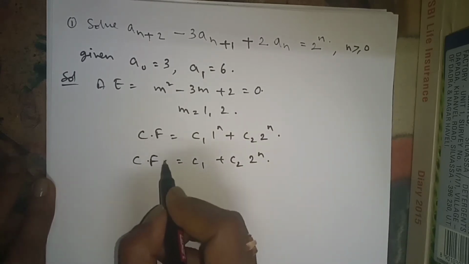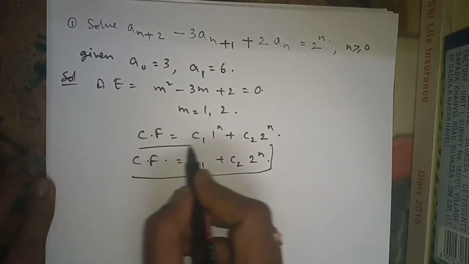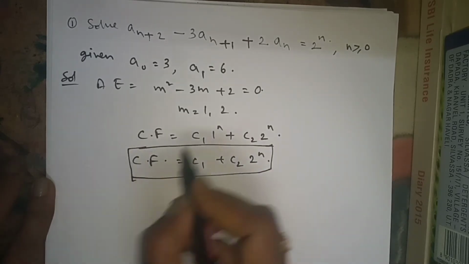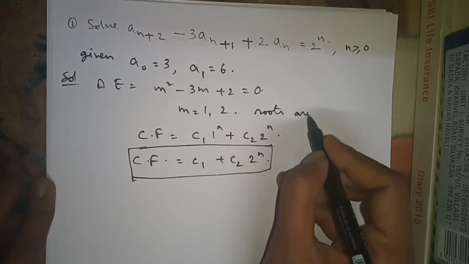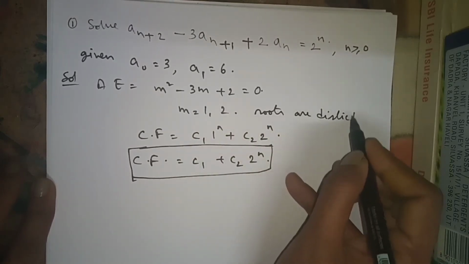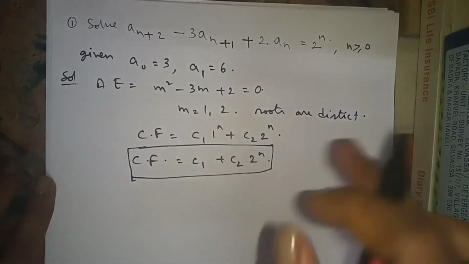This is the CF, because the roots are distinct and we use the distinct roots formula.